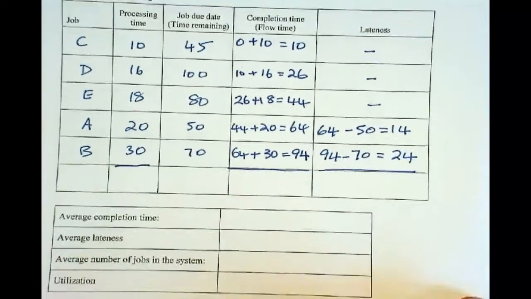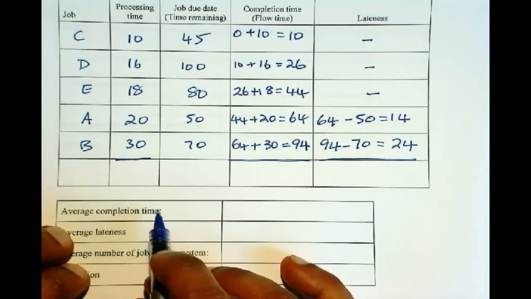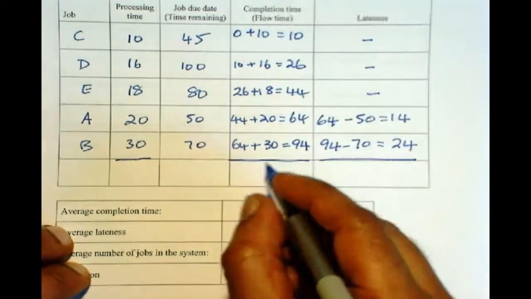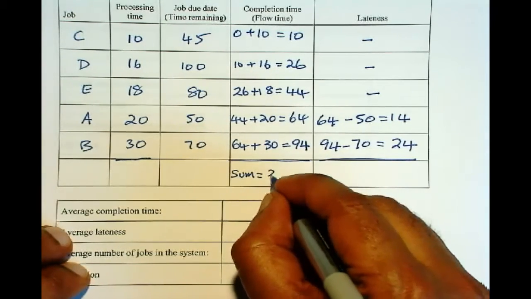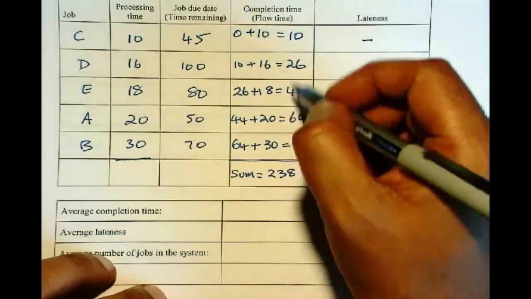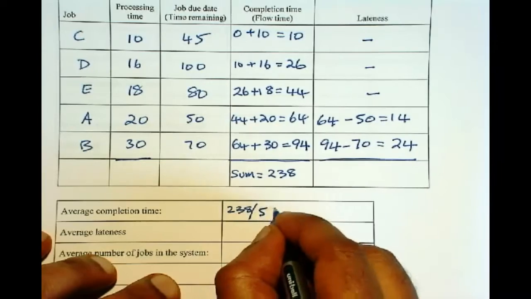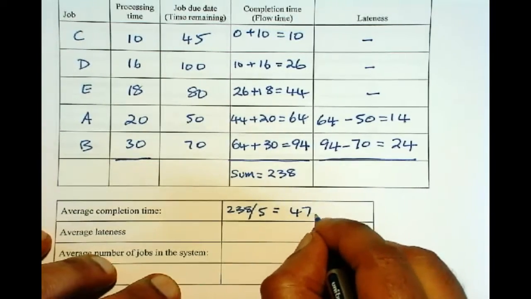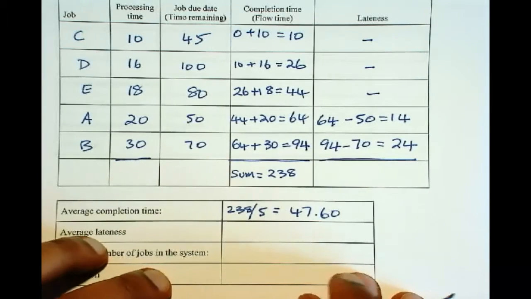Now let's compute these measures. The average completion time: you add the completion times, which is 238. Then there are 5 jobs, so you take 238 divided by 5, which gives the average completion time of 47.6.